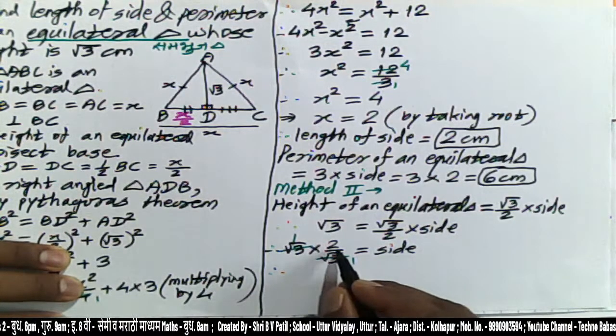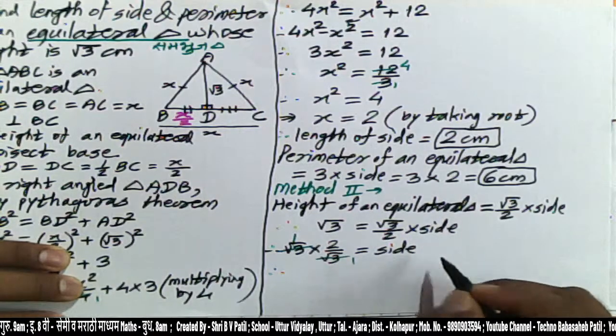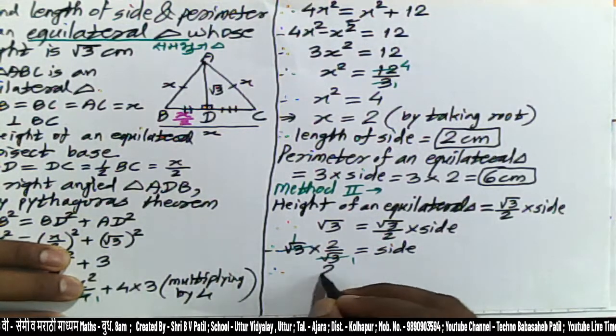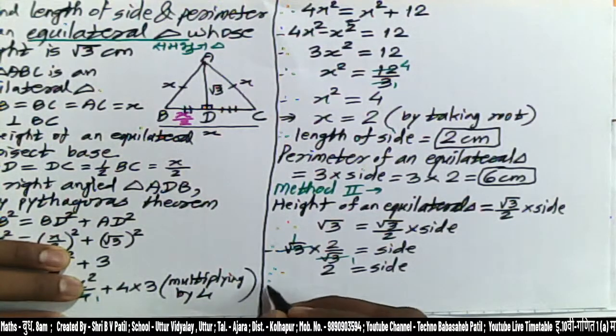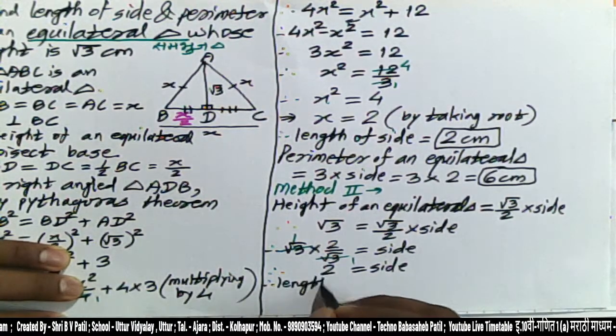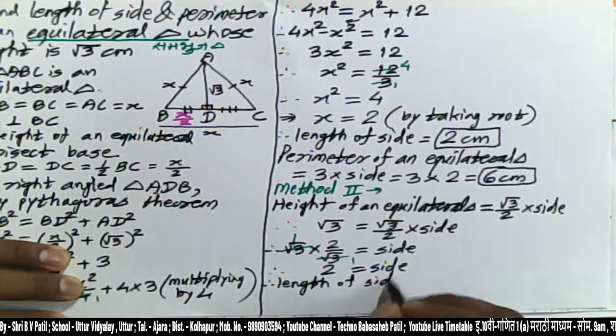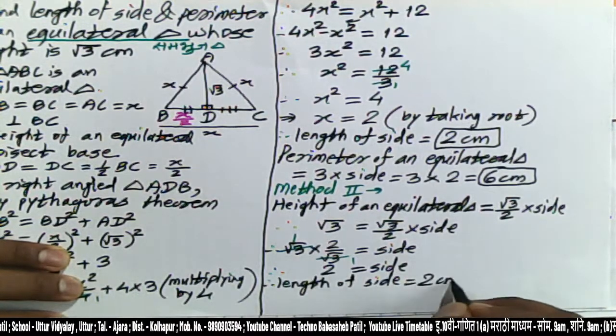Therefore, only 2 remaining. 2 is equal to side. Therefore, length of side is equal to 2 centimeter.